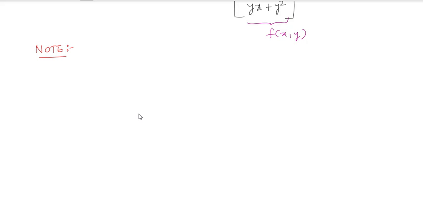Suppose I'm mentioning a note point here. See, Mdx plus Ndy. This is also a first order, first degree differential equation.